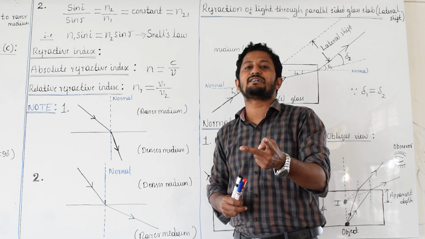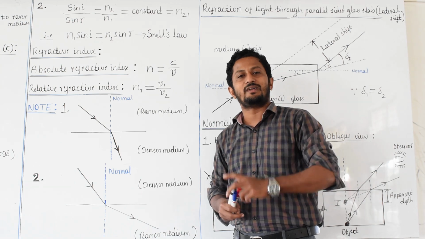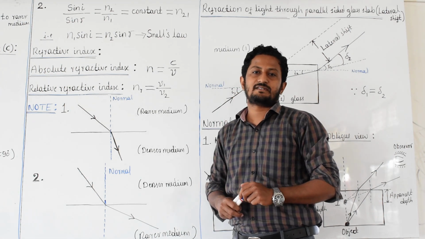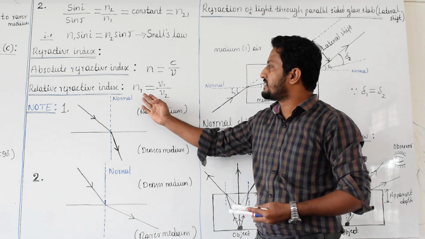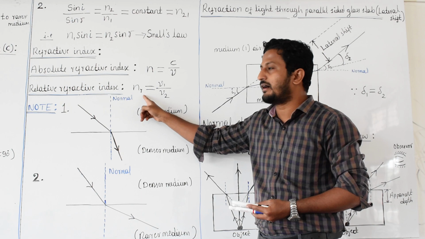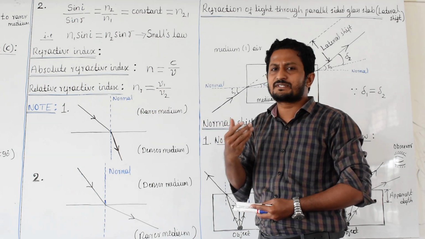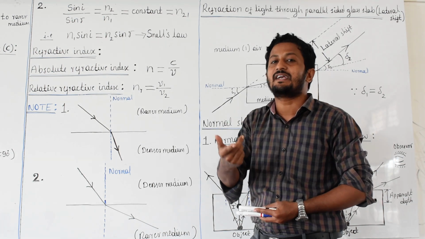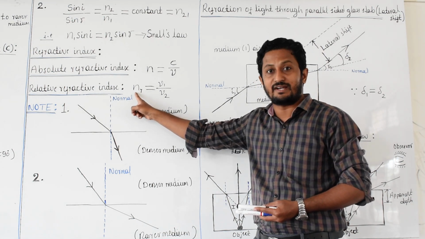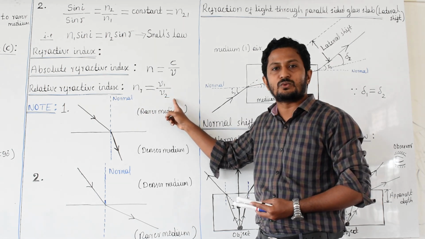If those two mediums are other than air, then you call it a relative refractive index. Have you understood these two? You see here their formula, how I have written n subscript r, where the small r subscript tells us relative refractive index, that is equal to v1 by v2.